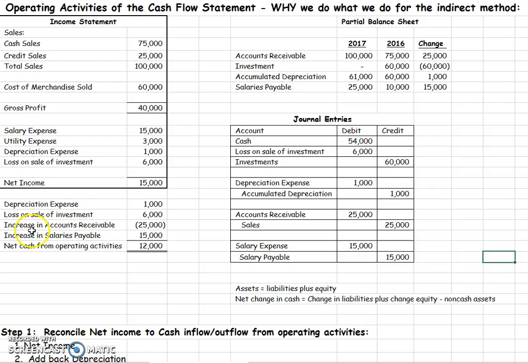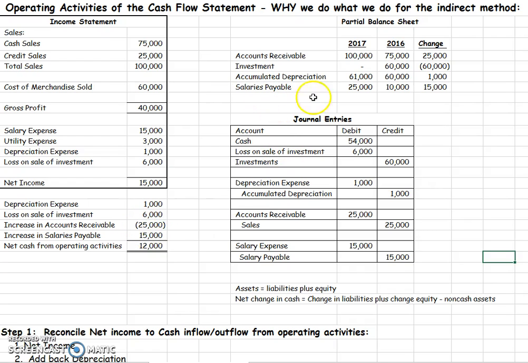It would have said decrease in accounts receivable, and I would have increased my number. Here's why. I had extra cash coming in from a prior period that wasn't showing up in my sales because it was from a different period. So, but it did affect my cash in a positive way. So accounts receivable going down makes my reconciliation and net income increase.